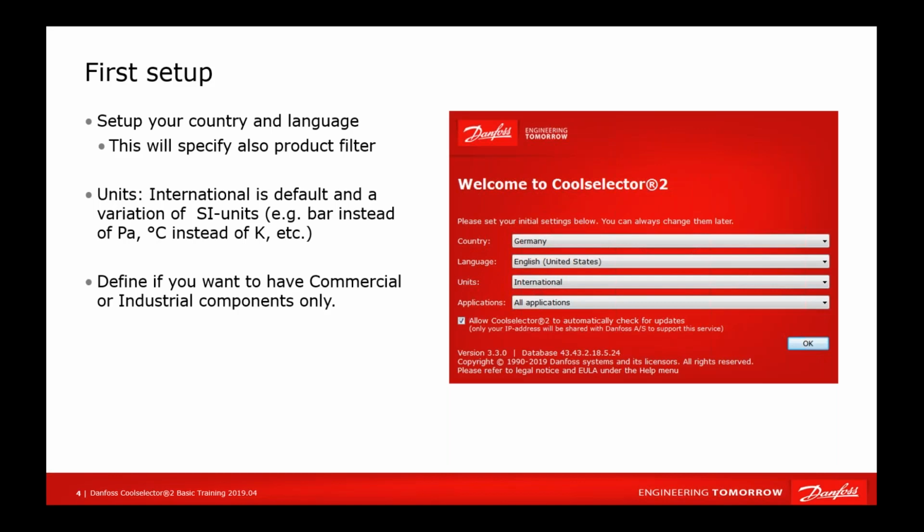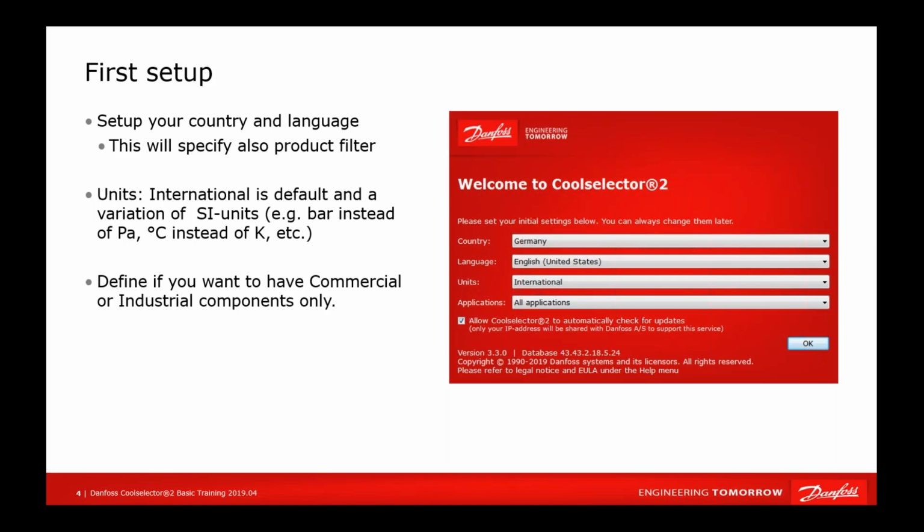There are some differences in the setup of the unit, but also, for instance, the power supply varies, of course. All that will be filtered by setting up the country. The language, well, this is quite clear. This can also be changed on the fly later on, of course.